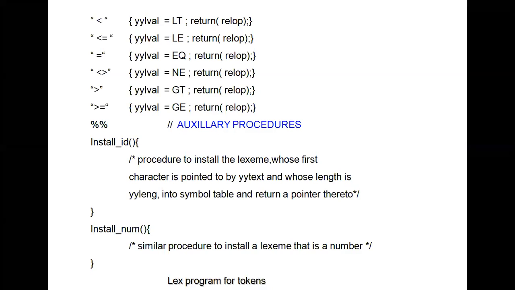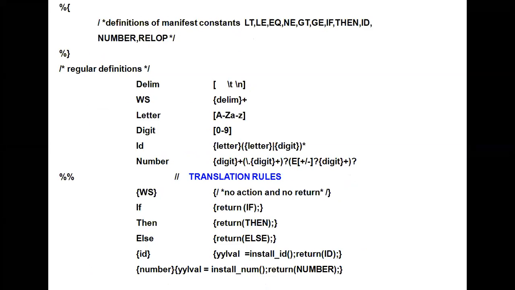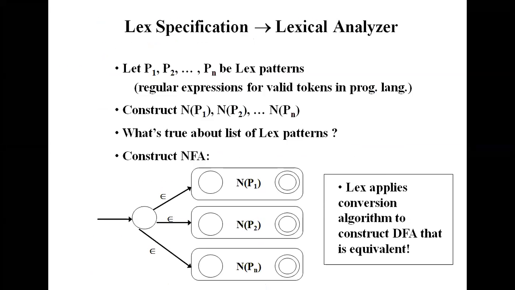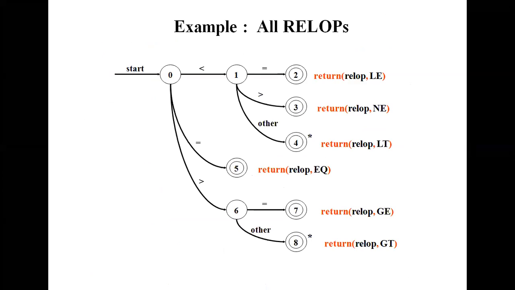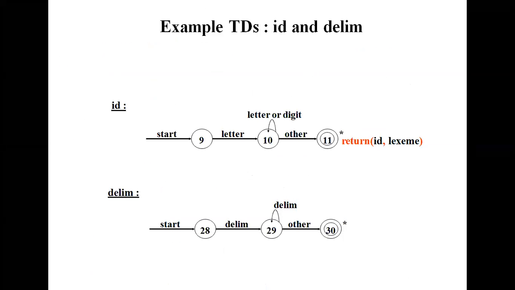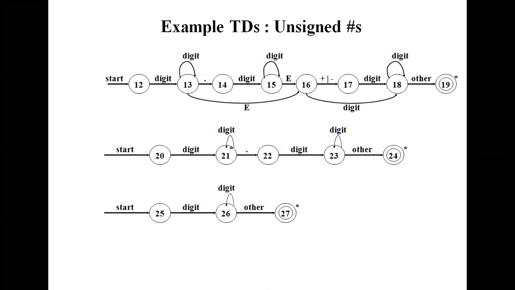And in this class, I explained about the lexical analyzers. See here, design of lexical analyzers. The design of lexical analyzers contains the representations of the LEX compiler and the schematic lexical analyzers. And we know how to represent the transition diagrams by seeing the input alphabets like all relational operators, identifiers, delimiters and unsigned identifiers.